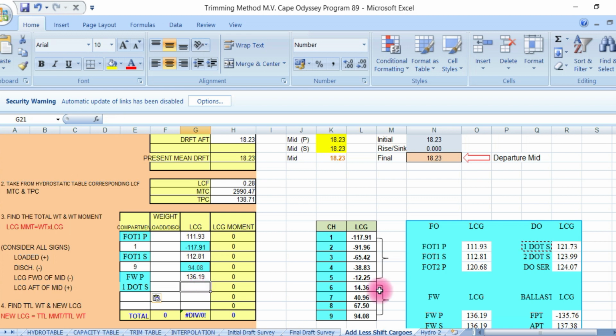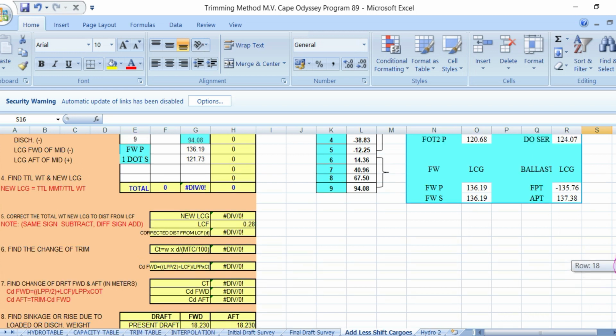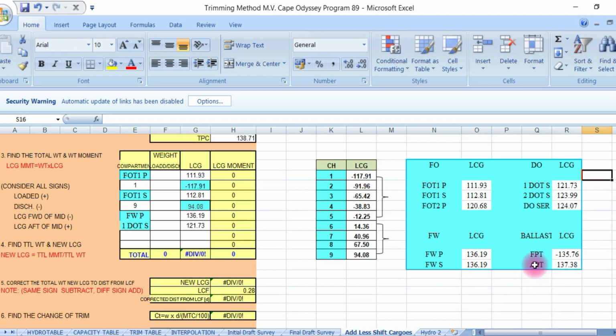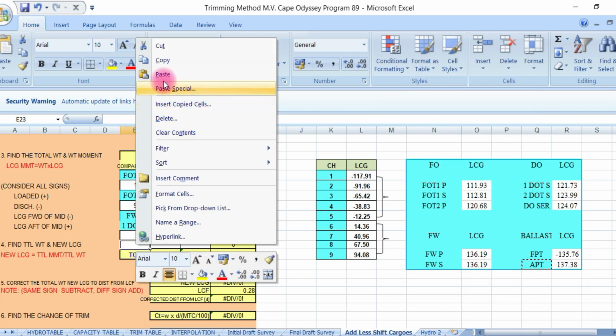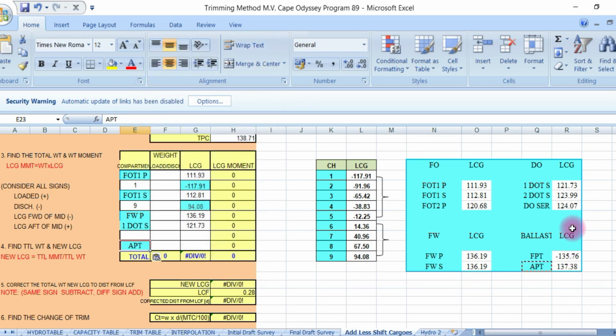And LCG is 121.73. Okay. And after peak, copy. LCG is 137.38. Okay.